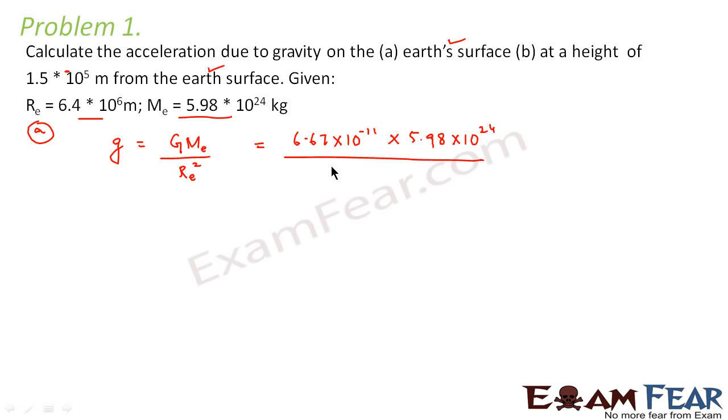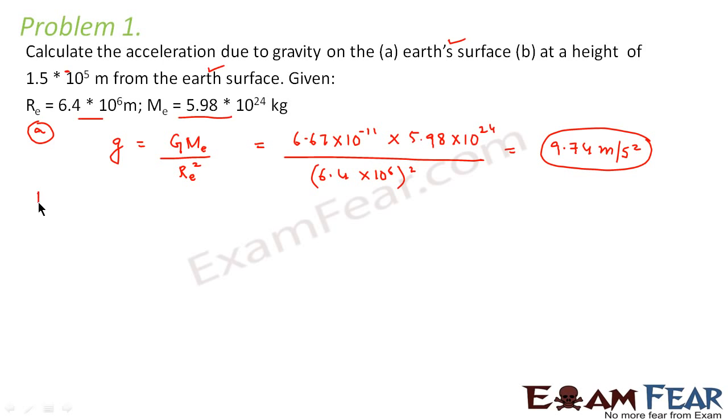And the value of Re is also given as (6.4 x 10^6) whole square, right? Now if we calculate this, we find that it comes out to be 9.74 meter per second square. So this is the value of acceleration due to gravity on the surface of the Earth.